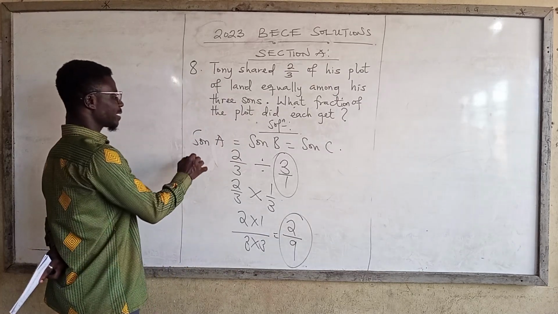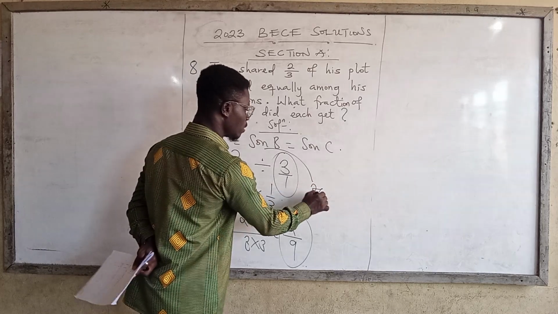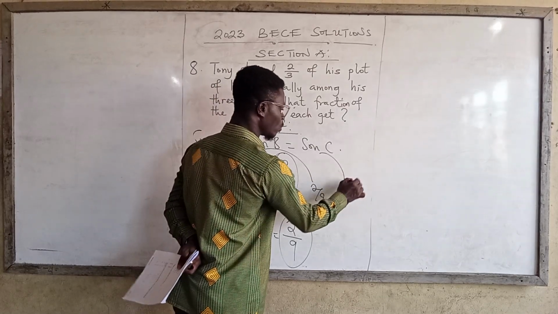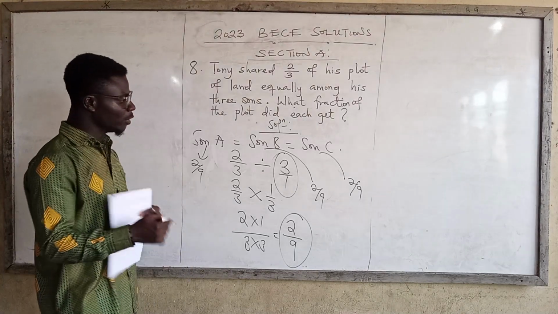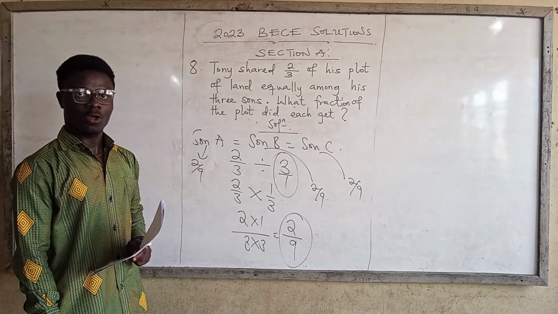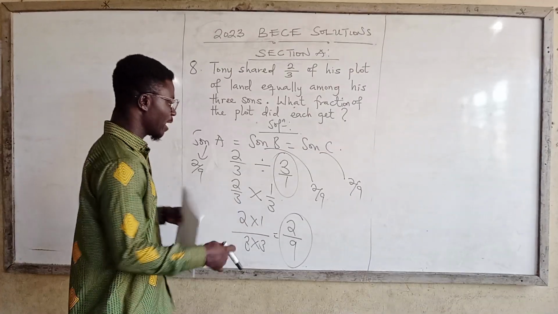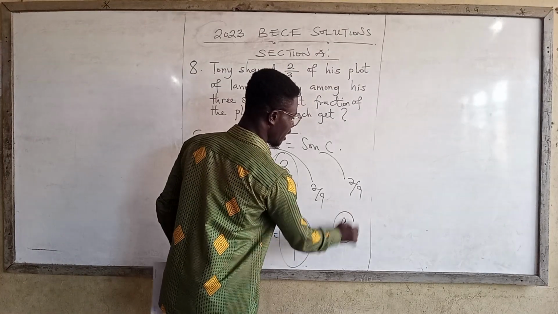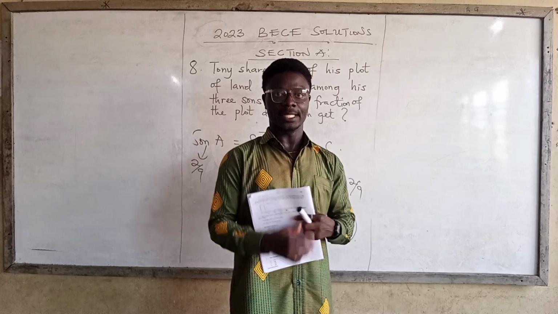So son A obtained 2 ninths, son B 2 ninths, son C 2 ninths of the plot of land. So the answer will be option A. Option A for apple. Let's proceed to question 9.